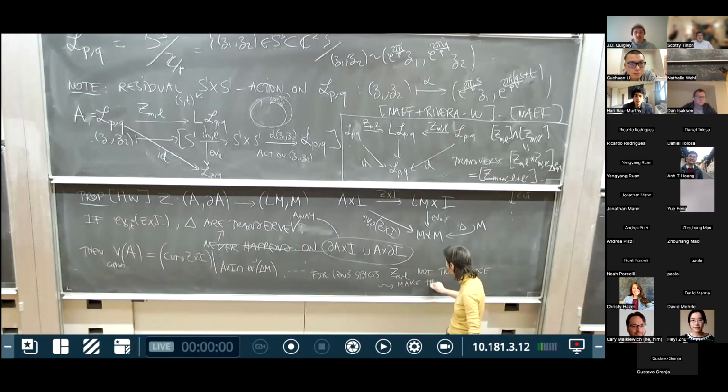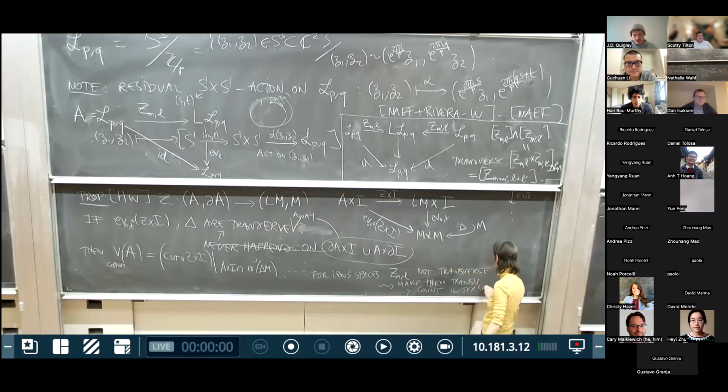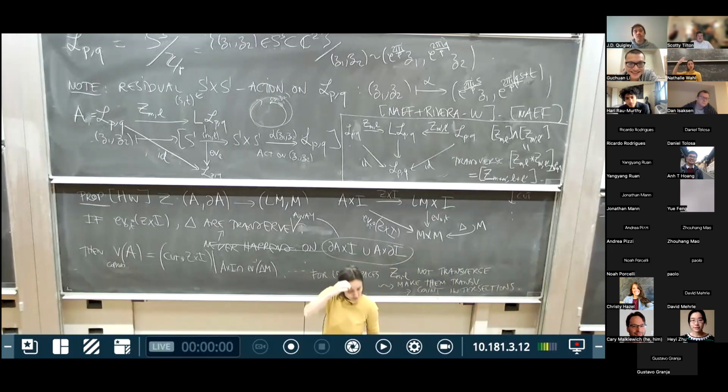So you modify them a little bit, you push around, you change the parameters a little bit, until they are transverse. You can still do this. And once you make them transverse, then the computation becomes a count of intersections with your diagonal, so it becomes something you can compute. I wouldn't be able to do this on the board right now, but it is something you can do.